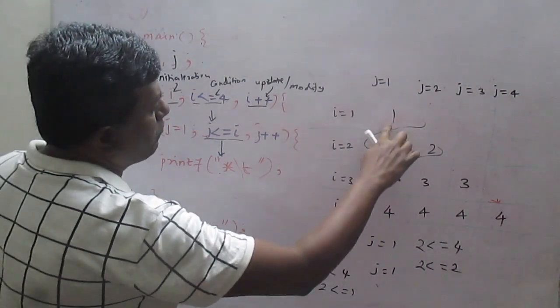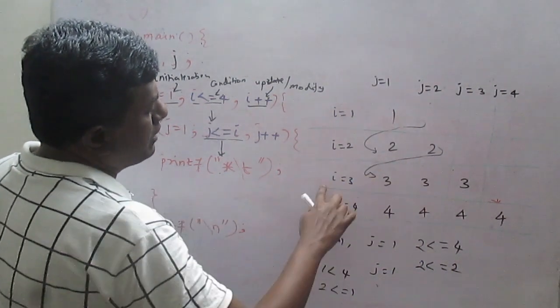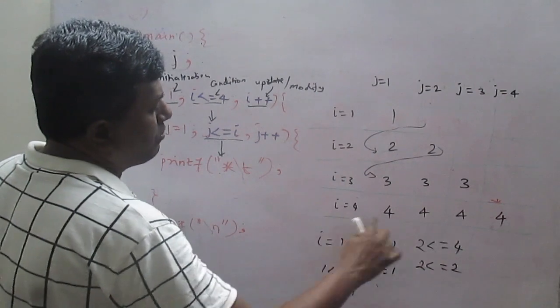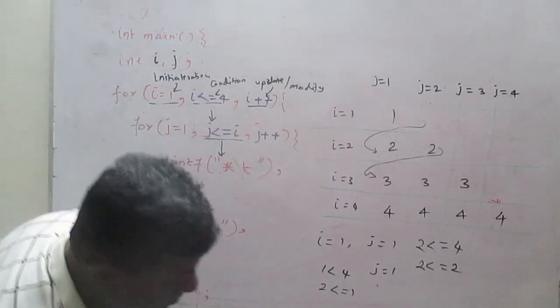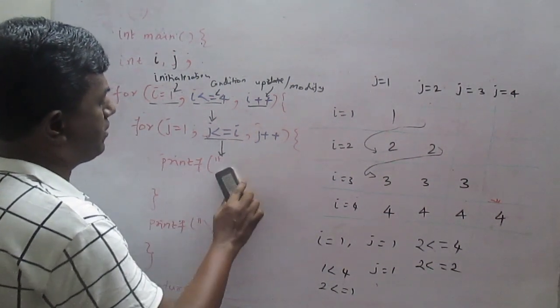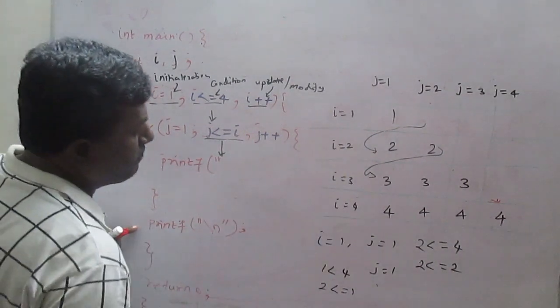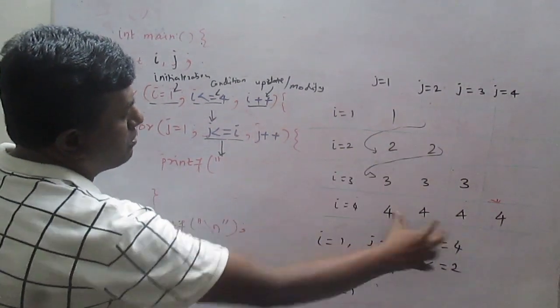Whenever i is equal to 1, 1 is printed. Whenever i equal to 2, 2 is printed. i equal to 3, 3 is printed, and 4, 4 is printed. Very simple. So here, instead of the star, we just replace it with i, because every row's number is based on i.